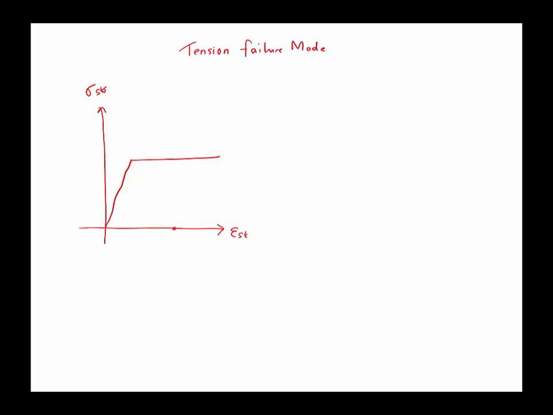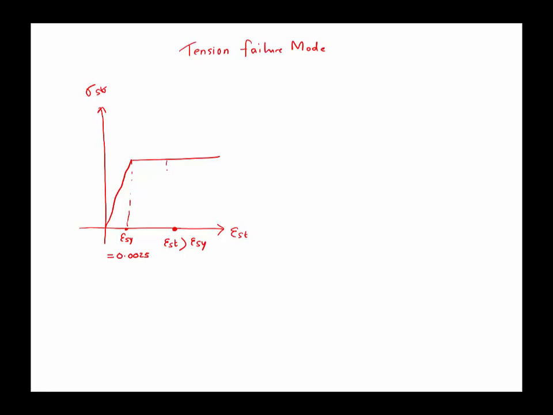So the steel is somewhere here. That means the strain in steel is already greater than the yield strain in the steel. As you know, the yield strain in steel, epsilon sy, is equal to 0.0025. Now at the point of failure, the steel has already yielded, so the strain in steel is greater than 0.0025.